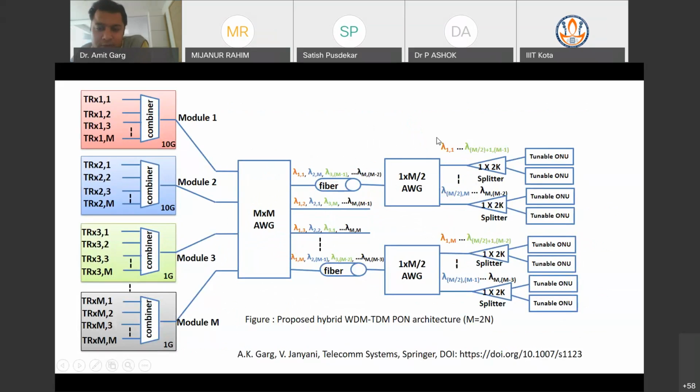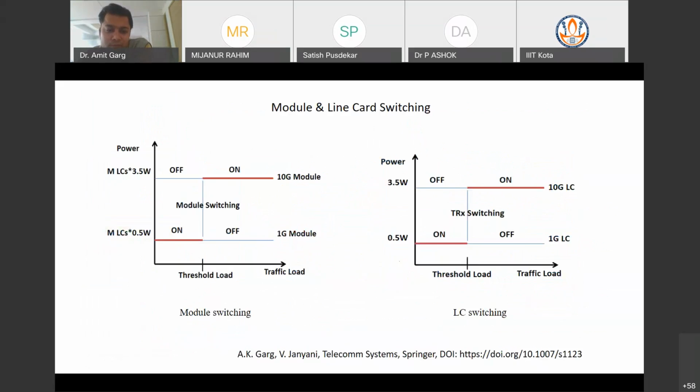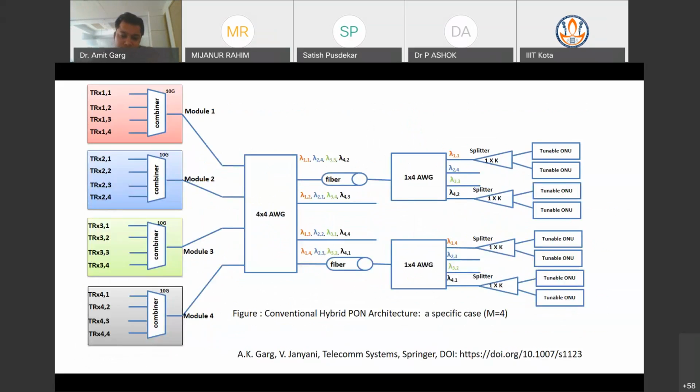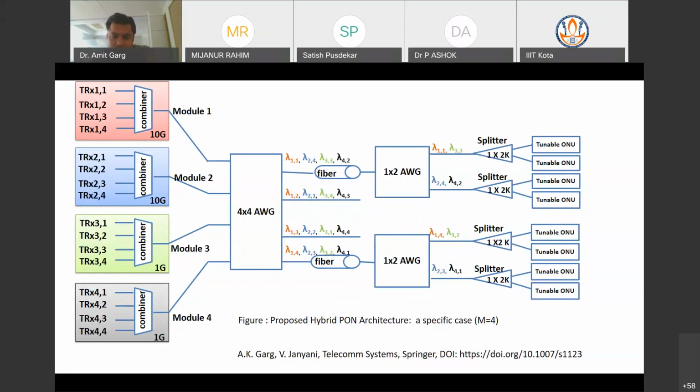So there is another architecture. What this architecture does, basically, we have 4 modules. 2 modules are working at 10 Gbps and 2 modules are working at 1 Gbps.